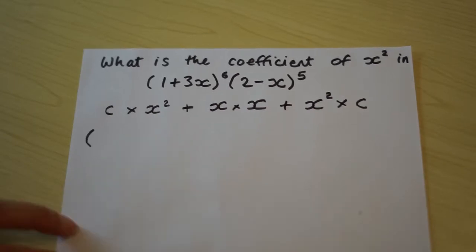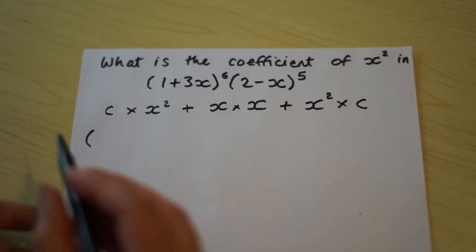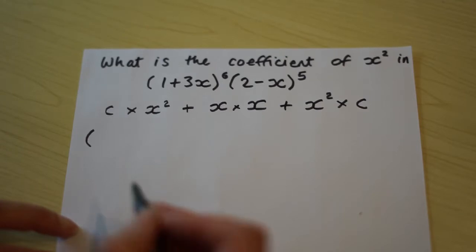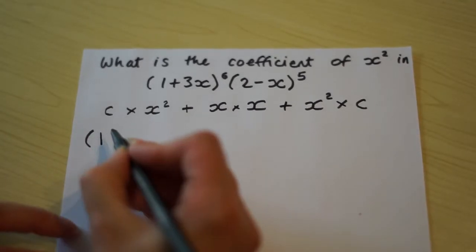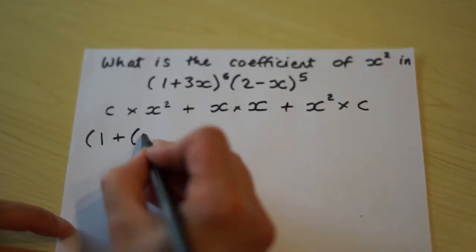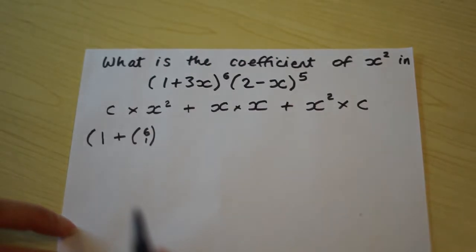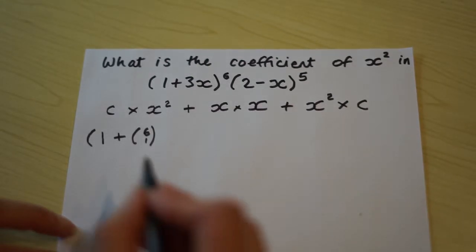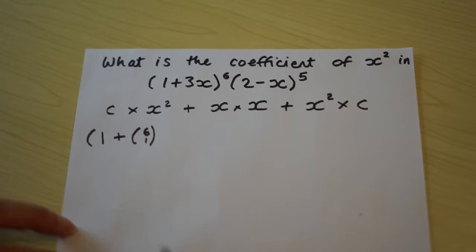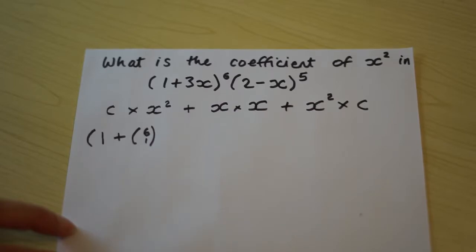Let's do that. So using the binomial expansion, this one expands to 1 to the power 6, which we know is 1. Put that there. Then it's 6 choose 1, multiplied by 1 to the power 5, which we know is 1. We don't need to write multiplied by 1. And then the b term in that bracket is 3x.